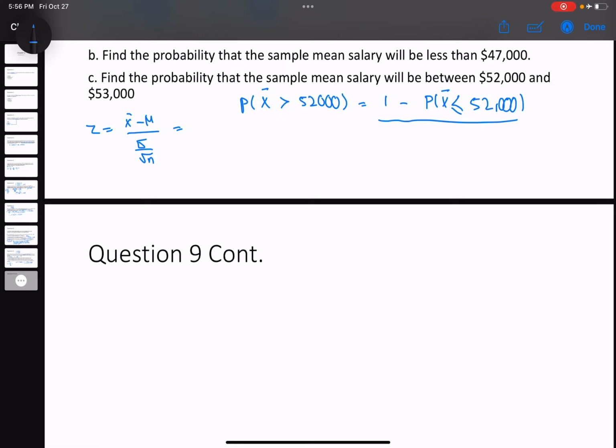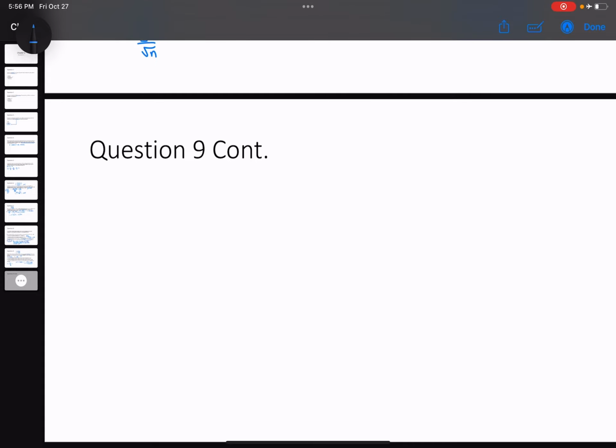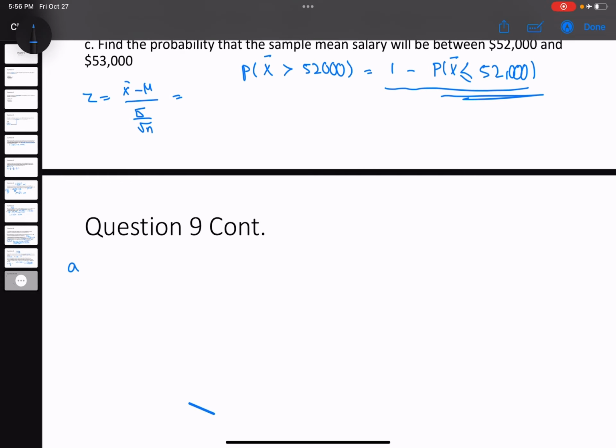So in order to get the z and the p-value for x less than 52,000, we just plug in the values in the formula.